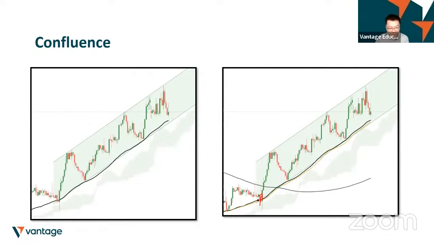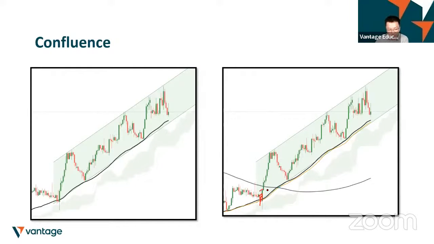We can see that price is trading into that channel, another signal towards the upside. And we can see that price is above the Ichimoku Cloud, again another signal towards the upside. So far we've got breaking above a moving average, price moving up within the channel, and price above the Ichimoku Cloud. Three indicators telling you it's moving up.